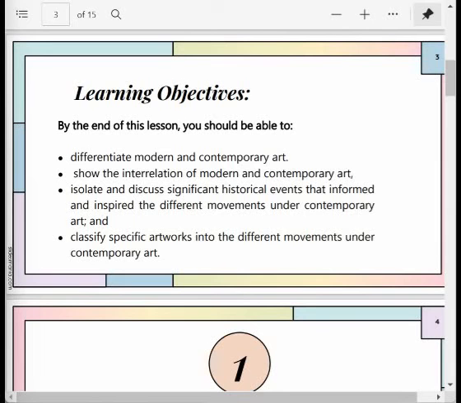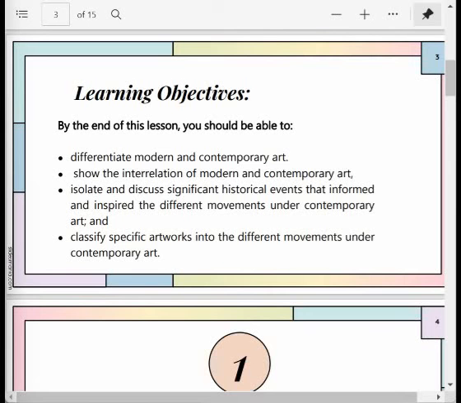It offers a glimpse as to the beliefs of specific eras and periods, and how these beliefs were translated into how people saw themselves and the world and how they chose to come to terms with it all in flux. So, this lesson attempts to provide a glimpse of contemporary art and how it was understood, defined, and represented not only within the bounds of the world but also beyond it.